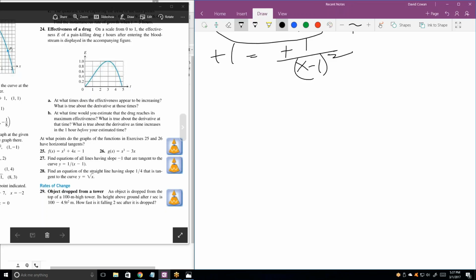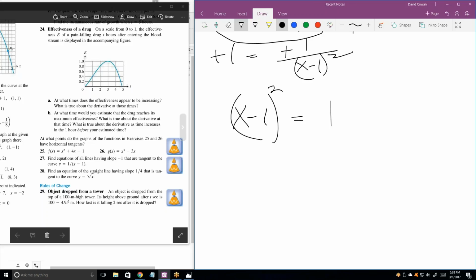Now the next step, I'm going to multiply both sides by what? X minus 1 squared. So I've got x minus 1 squared on the right side, and I got plus 1 on the left side. Now, solve that. It's the next step.